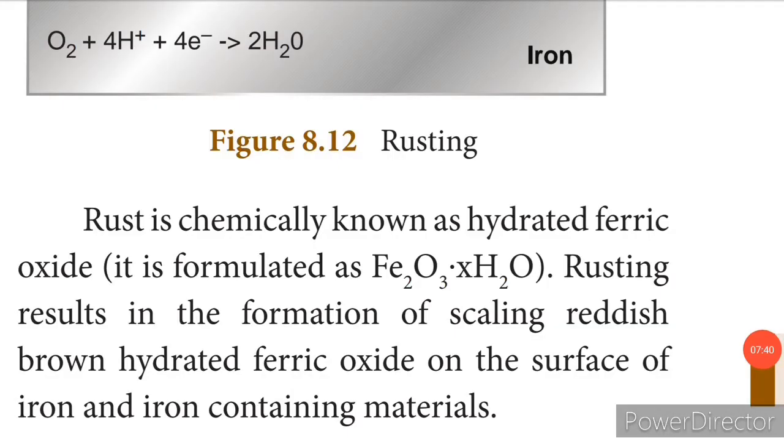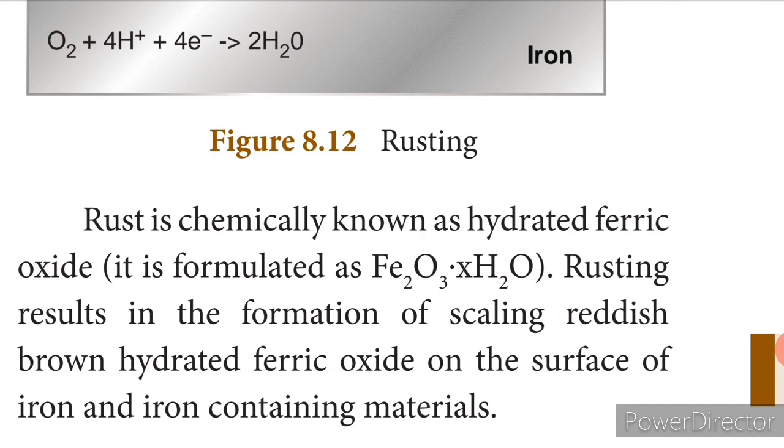Now first we'll see what is the rusting of iron. If I say the word rusting, you can correlate it with iron, isn't it? Iron getting rusted, in the sense it forms a brown powdery substance, isn't it? Rusting of iron takes place when the metal is exposed to moist air. So the reaction between oxygen, water and iron leads to rusting. Now rust is chemically called hydrated ferric oxide.